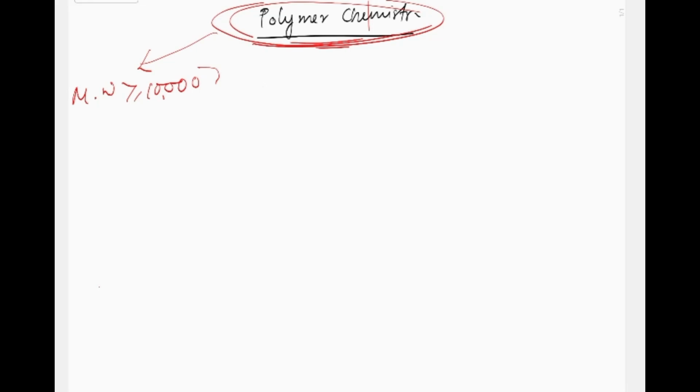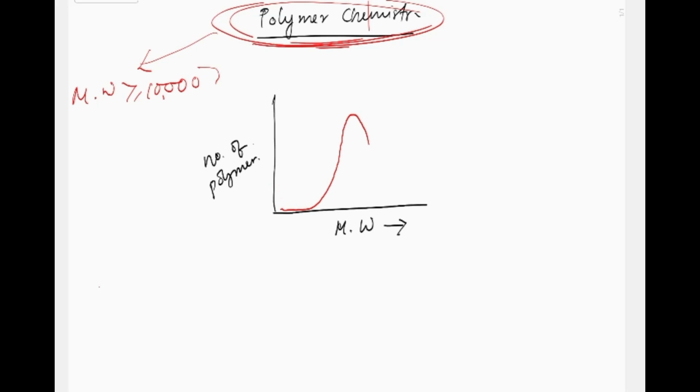If we plot this, on the x-axis we plot suppose molecular weight, and on the y-axis suppose the number of polymers having that molecular weight, right? So this forms a distribution like this. So that means it is a probability of forming the different molecular weight polymers.